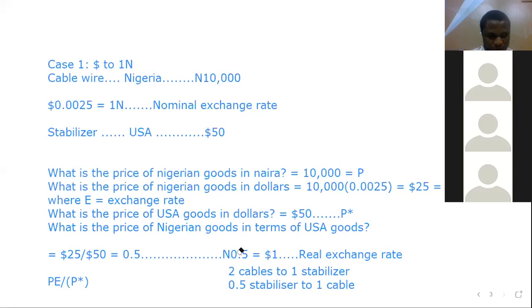Thank you for that particular correction. So that's 0.5. So that's going to be 0.5 dollars to 1 naira.